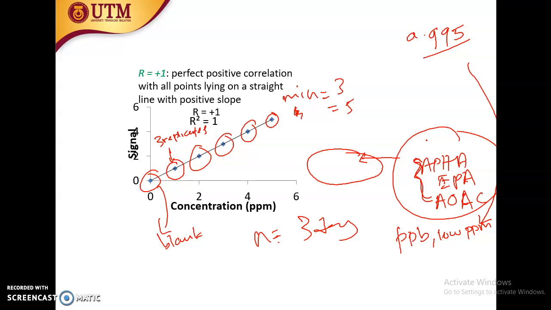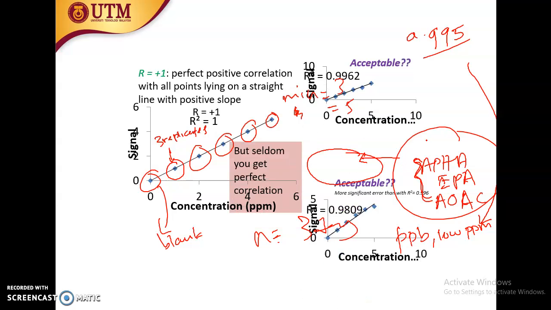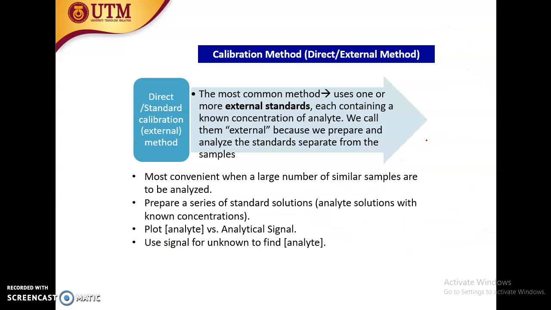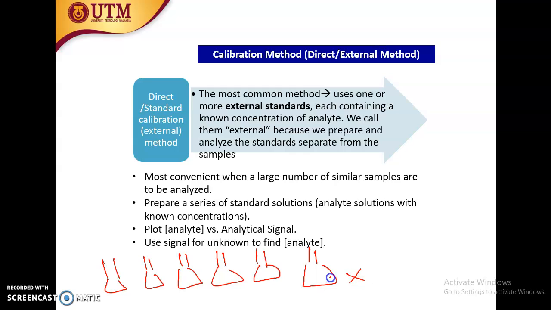Okay. And then we have 2 types of calibration curve. Just now, in the previous video, I showed you the external calibration graph. What is the meaning of external? It means that we have 5 standard solutions, and the sample is inside the 6th volumetric flask.